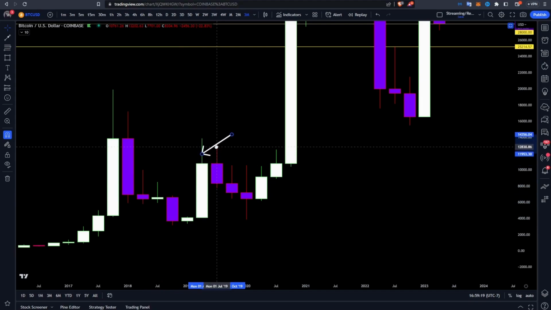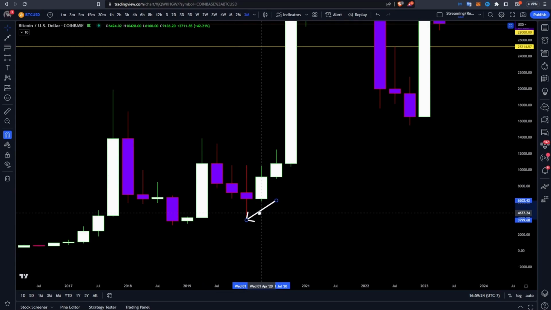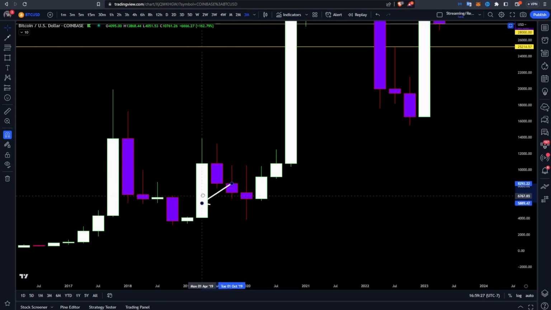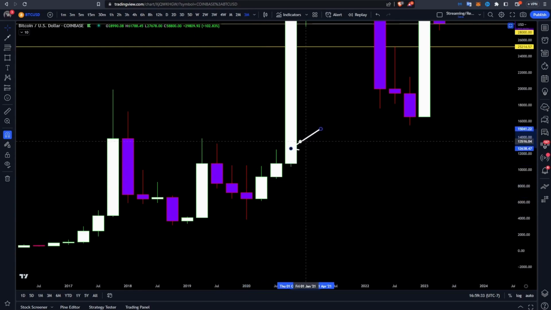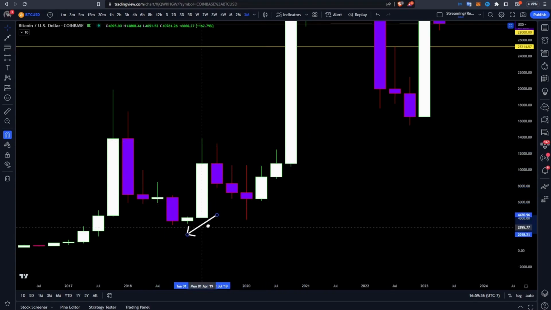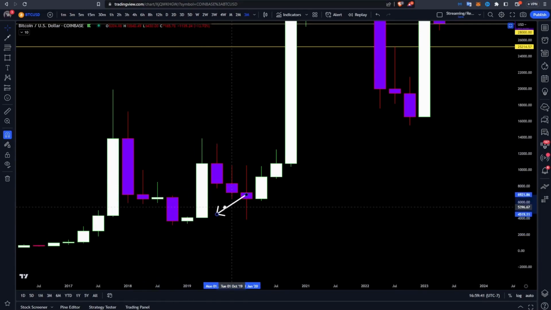And then immediately within that next quarter, we went down and in this case, confirmed it, right? Tested down into the low structure here and then bounced off of it, found support there, and then eventually broke out, thus solidifying that 18 into 19 quarterly structure as a macro low.